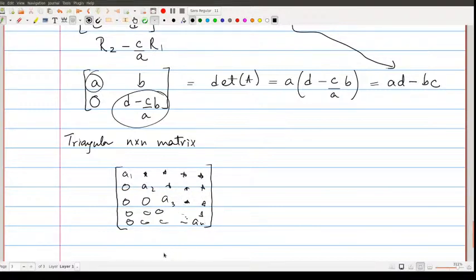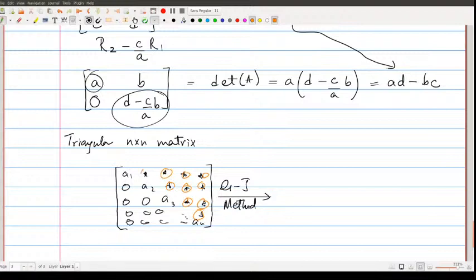So what can I do? I know that I can apply the Gauss-Jordan method, that I can do row elimination in the reverse step to make all of these entries zero as well.